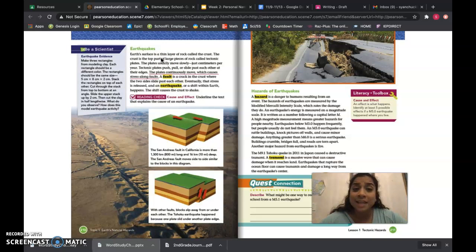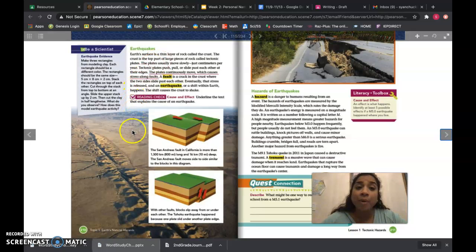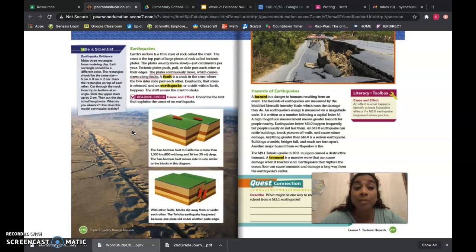Earth's surface is a thin layer of rock called the crust. The crust is the top part of large pieces of rock called tectonic plates. The plates usually move slowly, just centimeters per year. Tectonic plates push, pull, or slide past each other on their edges. The plates continuously move, which causes stresses along faults.